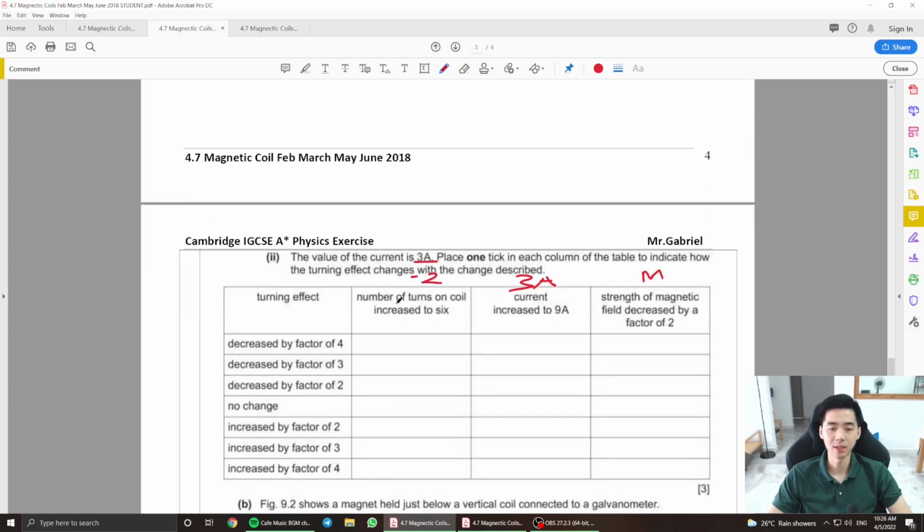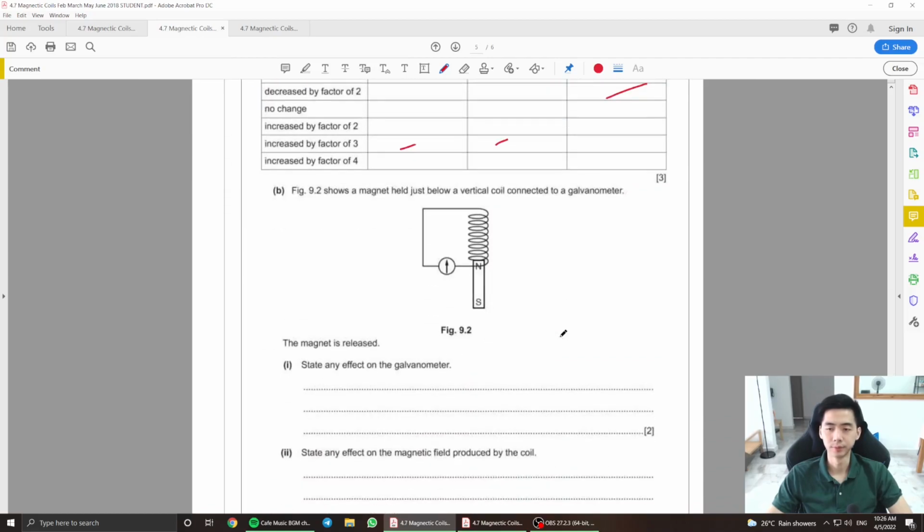So if they say that the turns increase to 6, here to here is a multiple of 3, so obviously the turning effect increases by a factor of 3. Here to here is a multiple of 3 again, so yet again it increases by a factor of 3. The strength decreases by a factor of 2, so obviously the turning effect decreases by a factor of 2 as well. Quite straightforward, nothing much to explain here, right?